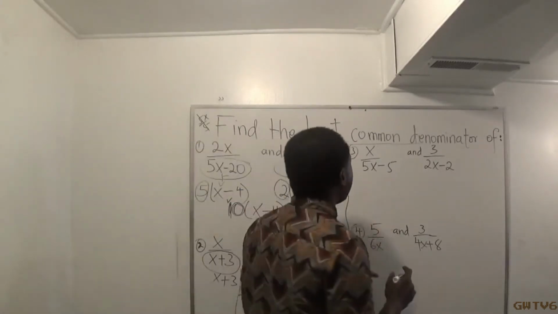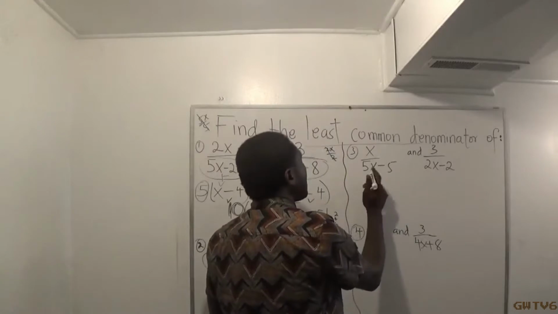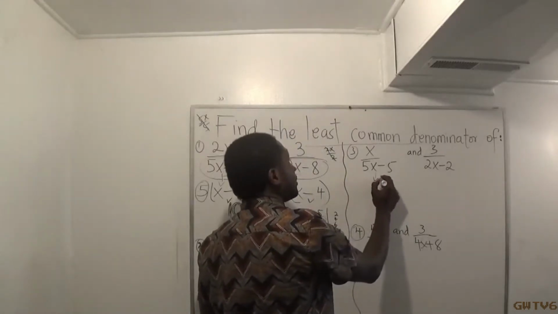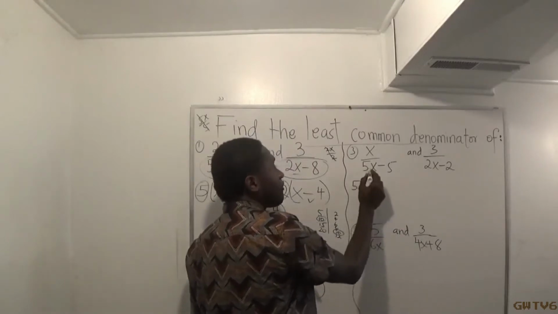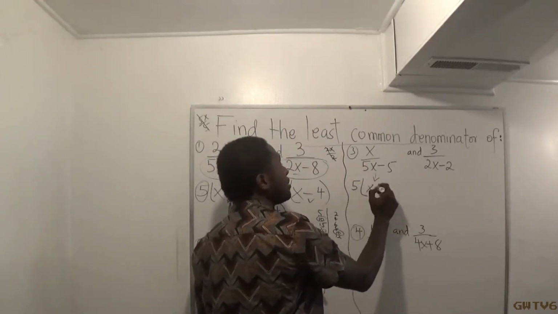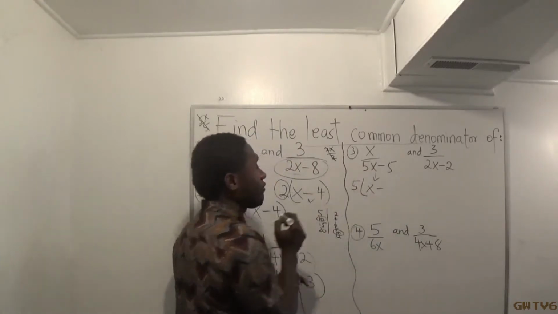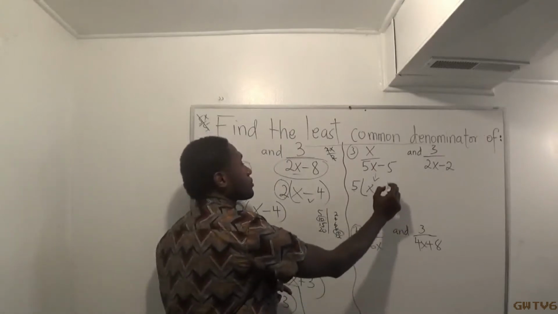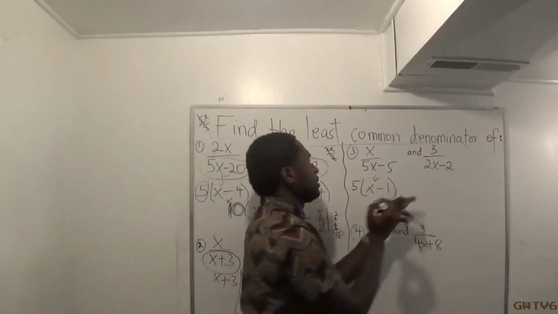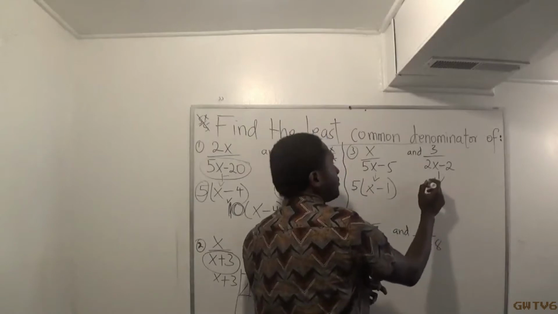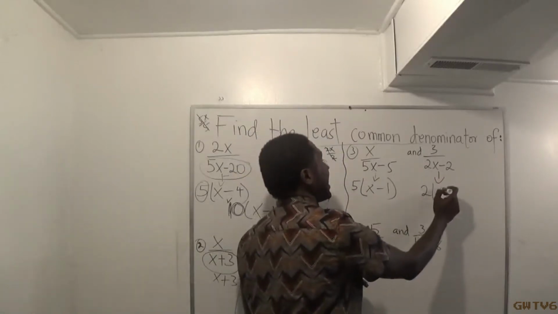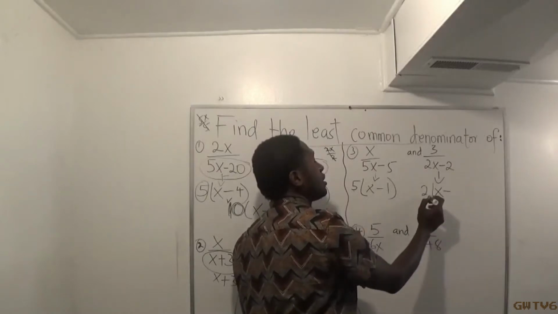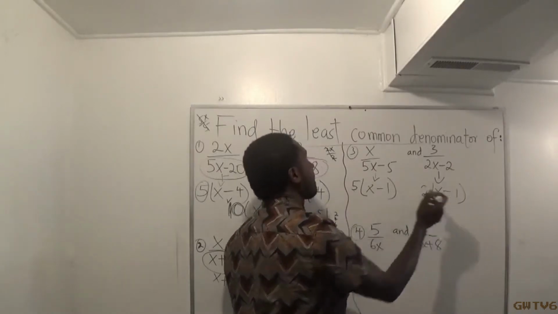What about that one right here? Here again, I'm going to try to factor. And I can, because 5 can go into both. So I have 5x divided by 5 is x, minus 5 divided by 5 is a 1. Here too, I should be able to factor. I can bring out 2. 2x divided by 2 is x, minus 2 divided by 2 is 1.